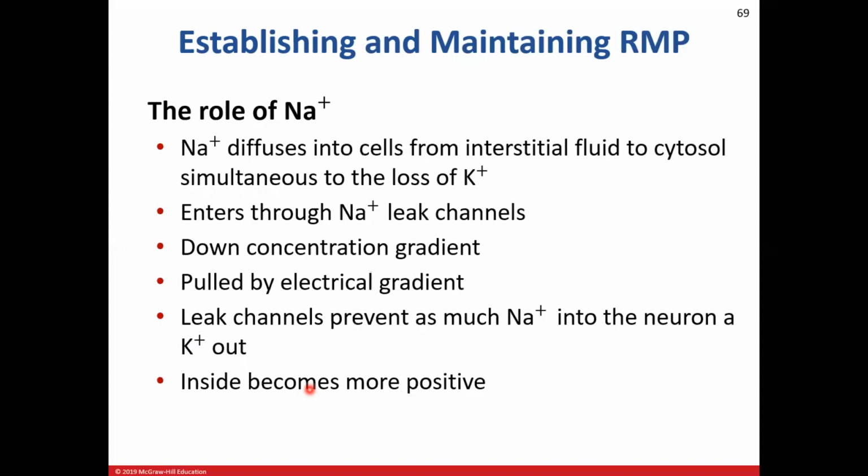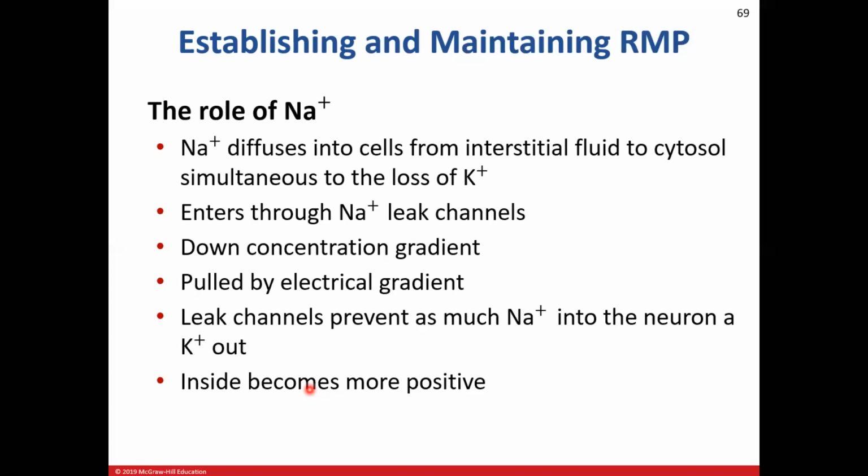Now, what's the role of sodium in the RMP? Well, sodium diffuses into the cells from the interstitial fluid to the cytosol simultaneous to the loss of potassium. Both of them have a positive charge, so to a certain degree, the electrical component is balanced out. It's going to enter through our sodium leakage channels, moving down the concentration gradient, because leakage channels are always open.